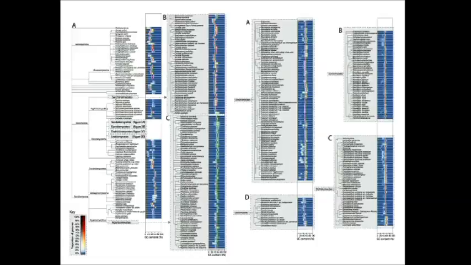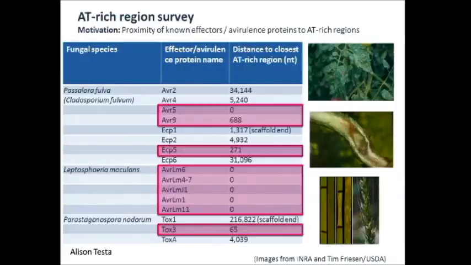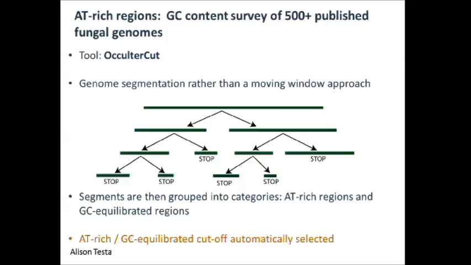And even in species where it's not as widespread or as prominent as, say, Leptosphaeria, it can feature in its evolutionary strategy. So just to corroborate this, we found several known effectors or virulence genes to conform to the regions we predicted.